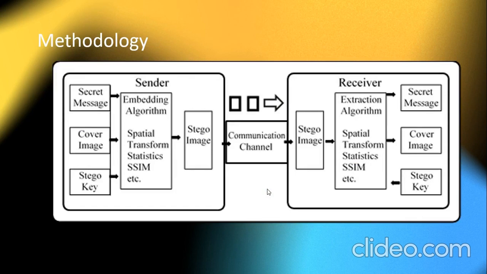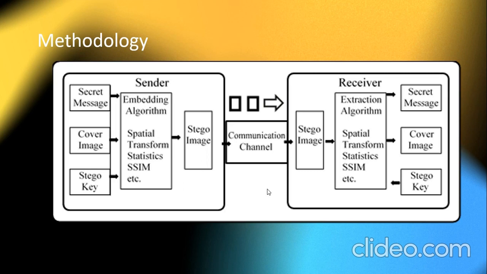In this methodology, we can see how steganography works. A secret message, a cover image, and a stego key go to the embedding algorithm, and the embedding algorithm produces a stego image. Then the stego image passes through the communication channel from sender to receiver, and the receiver puts the stego image in the extraction algorithm and gets the secret message with the cover image.